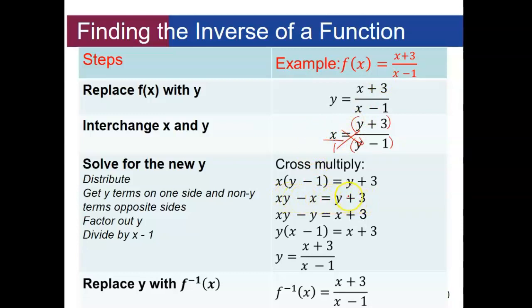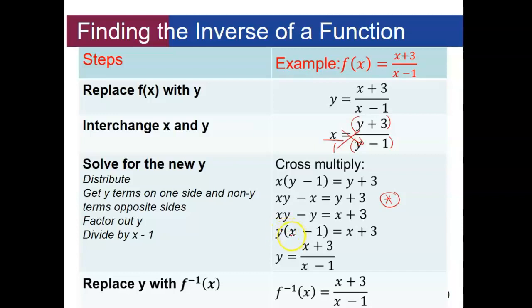And then we want to move, and this is the part that I see people make the biggest mistake with. You want to get everything that has a y in it on one side and everything that doesn't have a y in it on the other side. So that's a very important step. Get the y terms together and the non-y terms together. From here, factor the y out as a GCF.